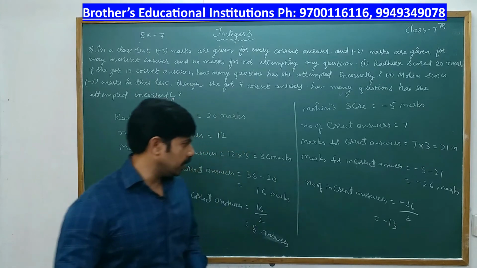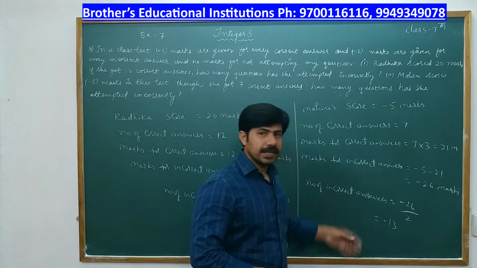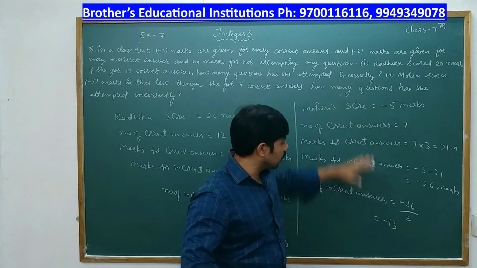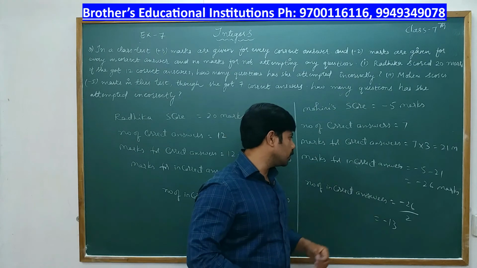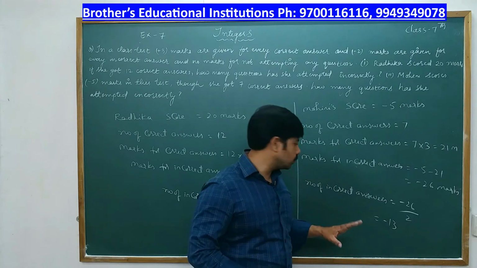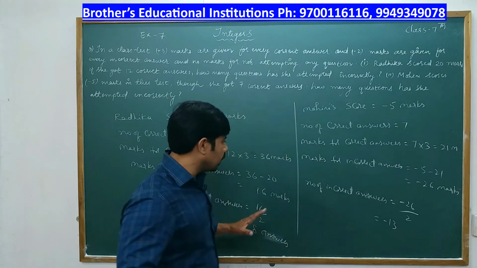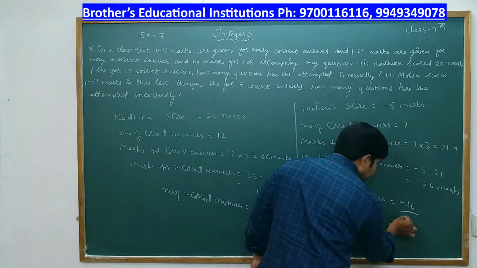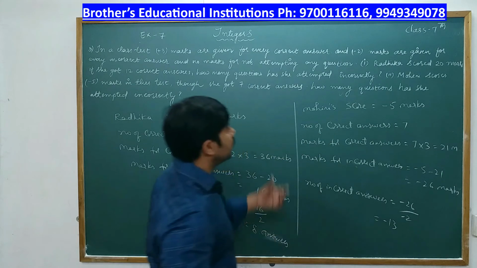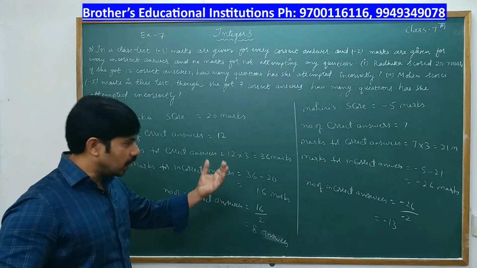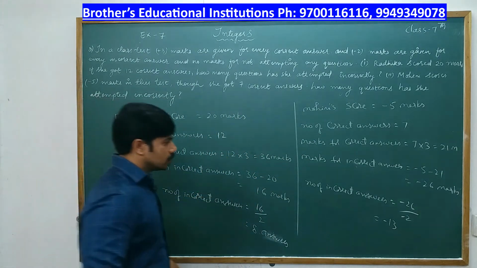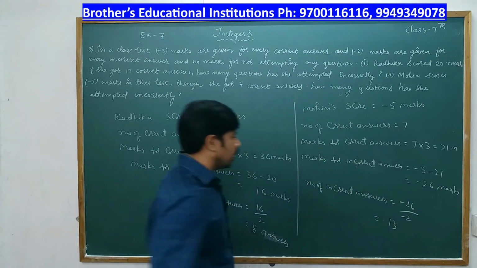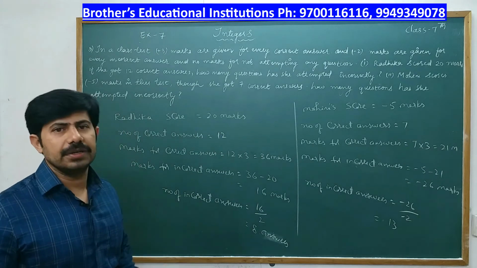Here one important thing is, the number of incorrect answers cannot be negative, but as per the question we got a negative result. What you have to do is eliminate this minus sign. Since they are deducting 2 marks, I'll use that minus sign here, so that this minus minus gets cancelled. So the number of incorrect answers we get is 13.